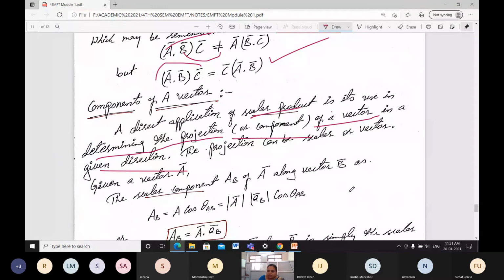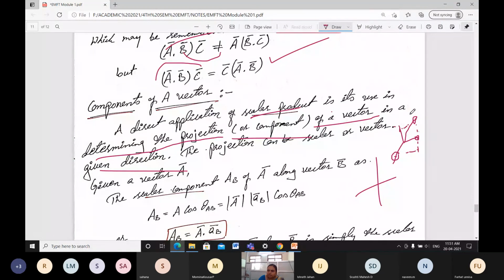Projection means, in three dimensions, if I take any vector quantity, in which direction it projects. To find these values, we take the x value here, then the y value, and then the z value.